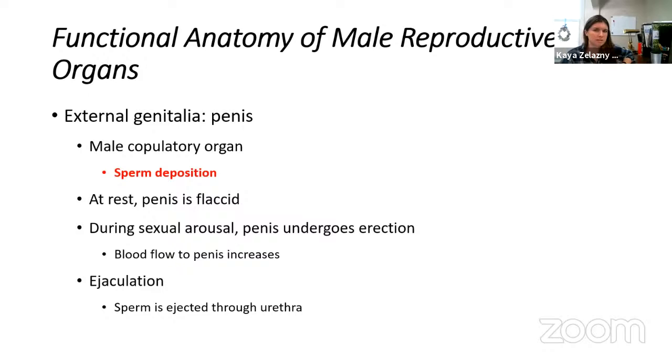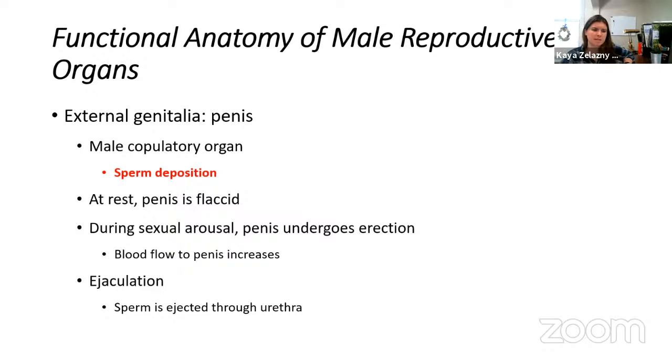It's specialized for allowing us to get the sperm close and in contact with ova, with egg cells from the female reproductive system. So as we move through and think about hormonal and neural control, we're also going to want to think, with respect to the male reproductive system, about erection and ejaculation. That's the end part of this process.